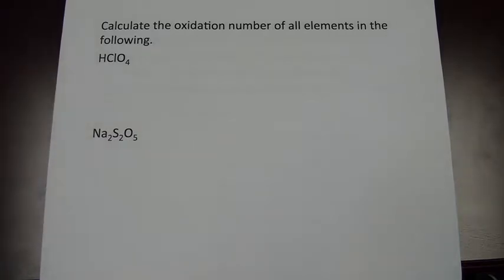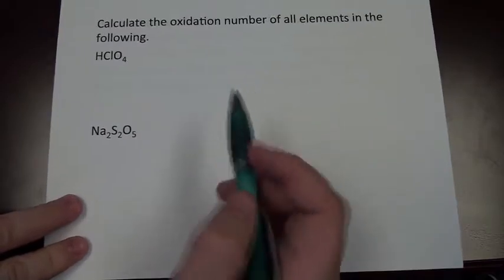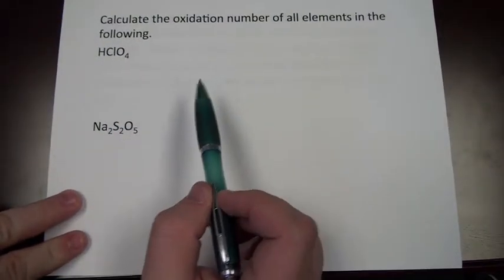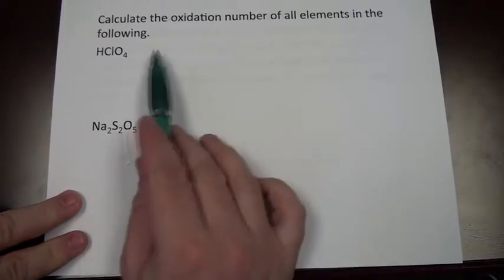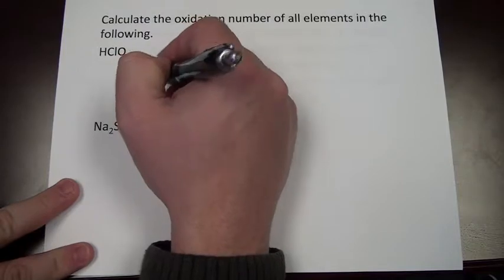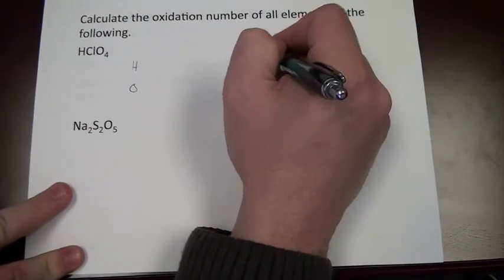compounds. So from our rules of oxidation numbers, and the fact that the sum of oxidation numbers has to be the charge, in this case 0, we should be able to determine all the oxidation numbers for everything present. So hydrogen, oxygen, and chlorine.